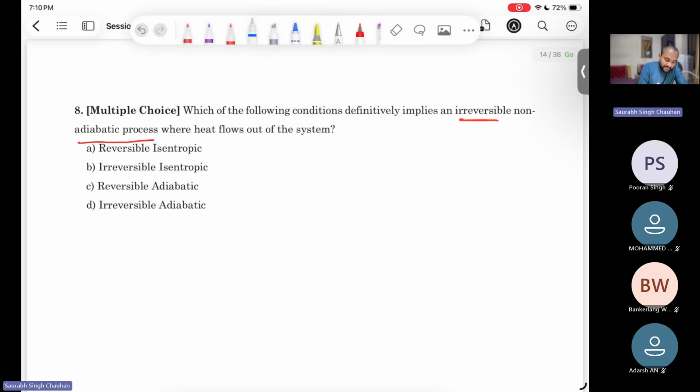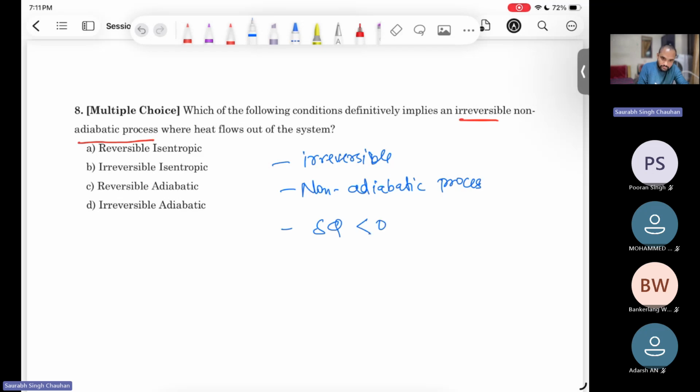Okay, so we have an irreversible and non-adiabatic process, where heat flows out of the system. So del Q is negative. So let us see all the options one by one.